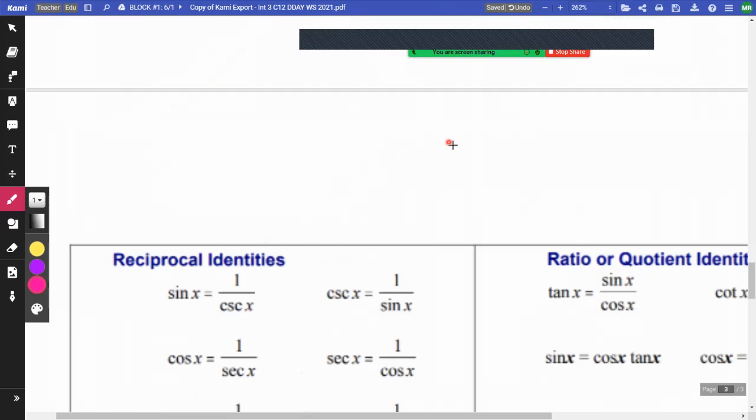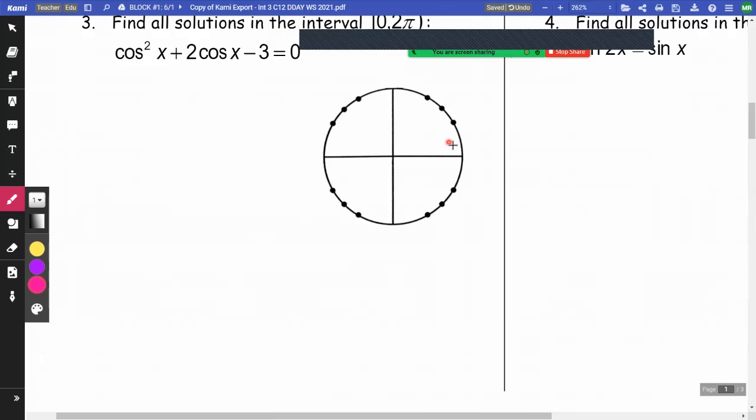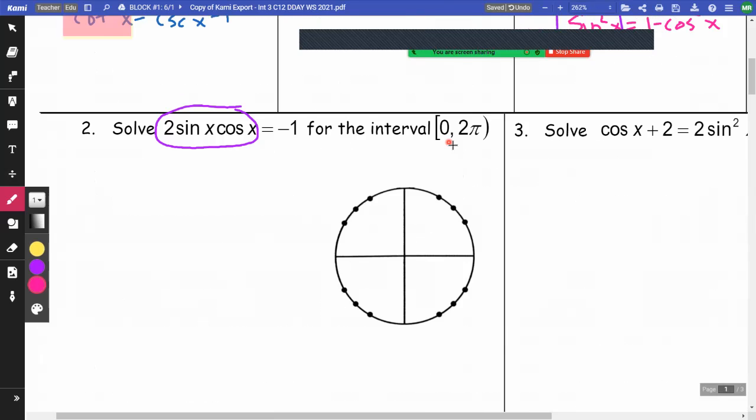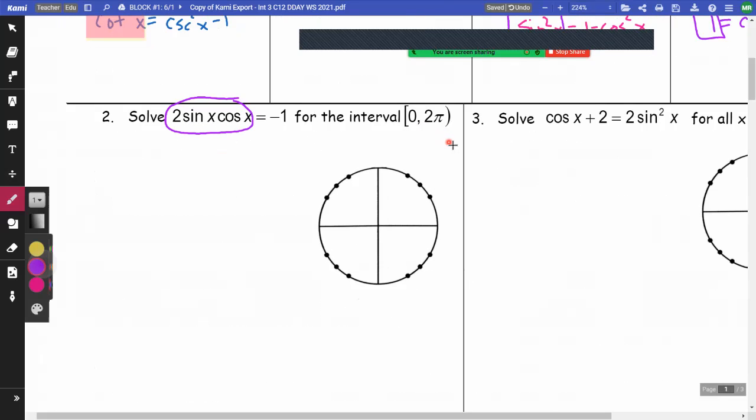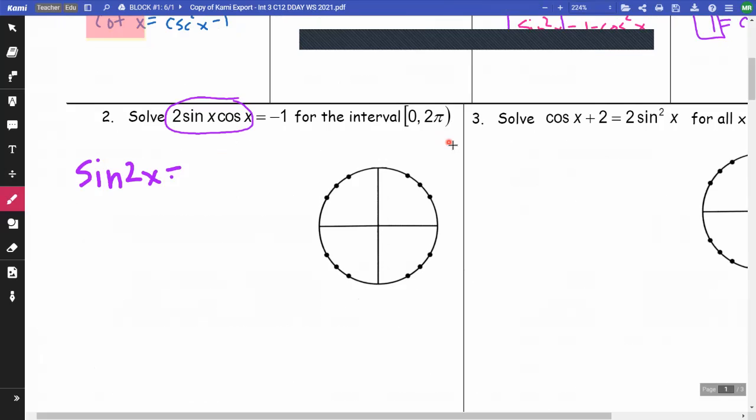So when I get back up here, on this one, I am going to rewrite this as sine of 2x equals -1. And so I want to figure out where my sine is equal to a -1 from 0 to 2 pi.